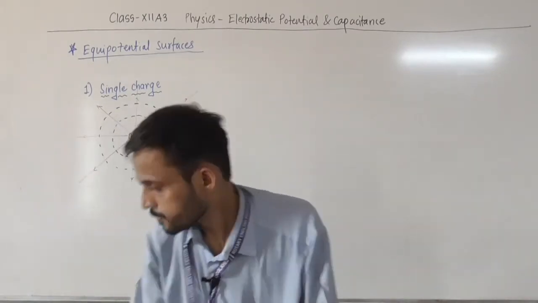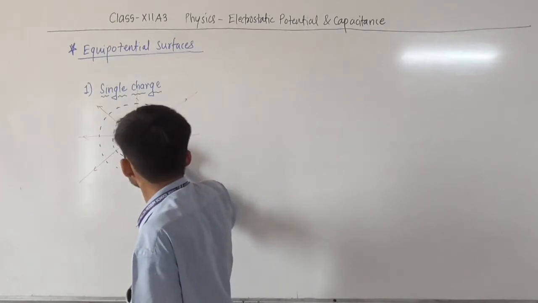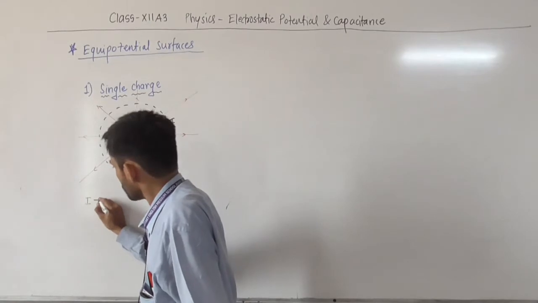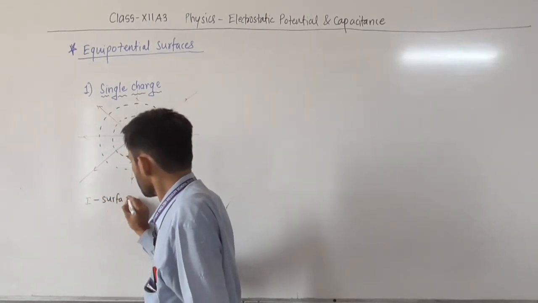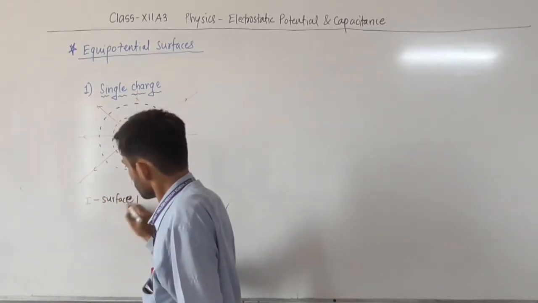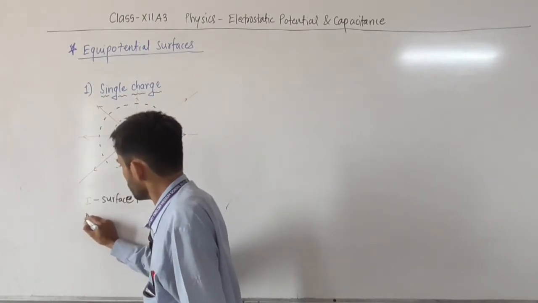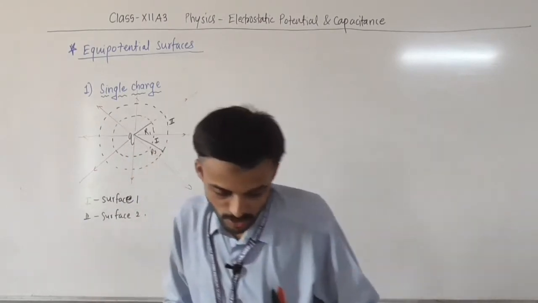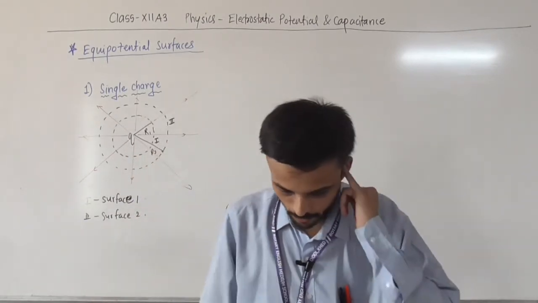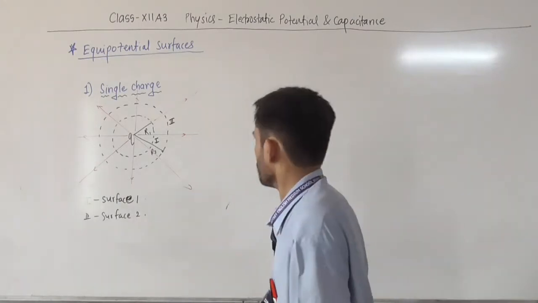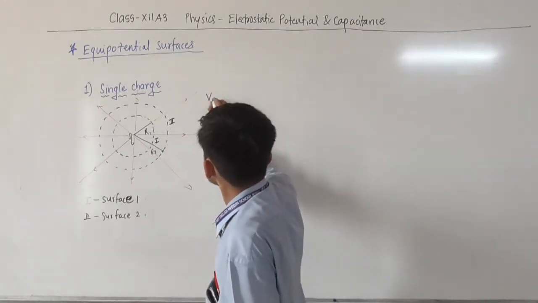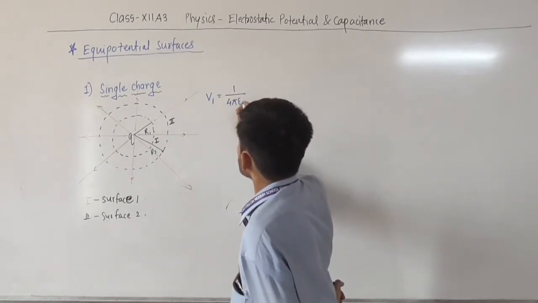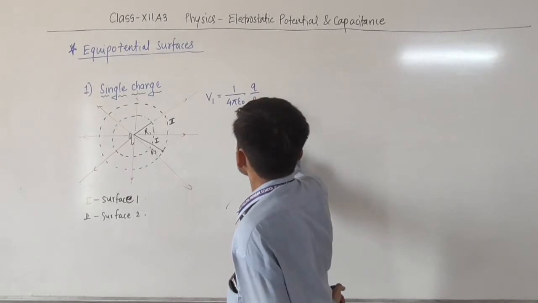Now, this will be my surface number 1 and this will be my surface number 2. Now, potential at the surface. How much will it be? First of all, V1. V1 कितना है बेटा? 1 by 4 pi epsilon naught Q upon R.